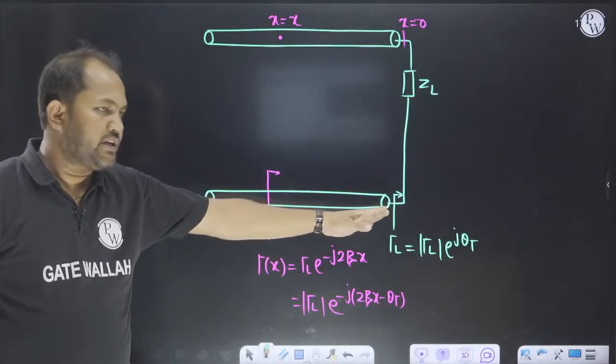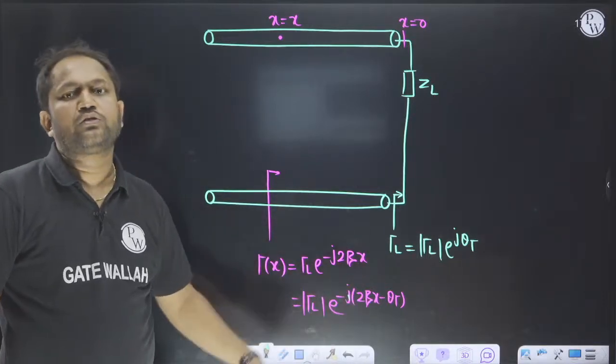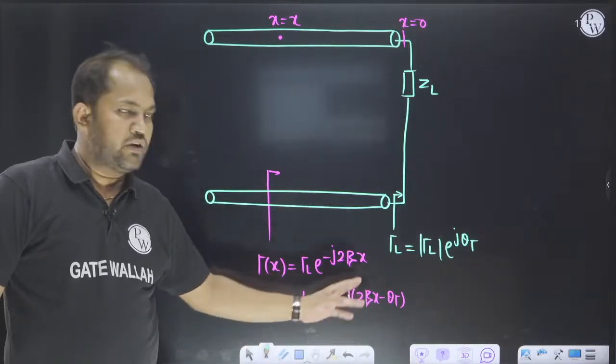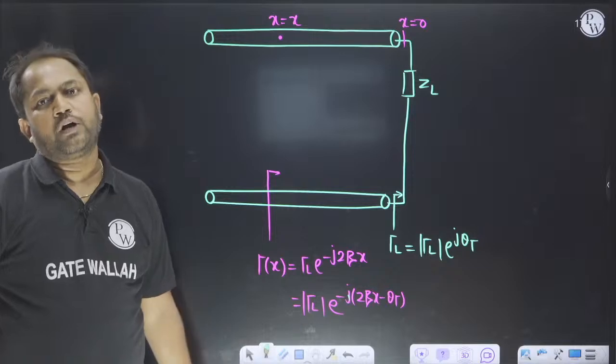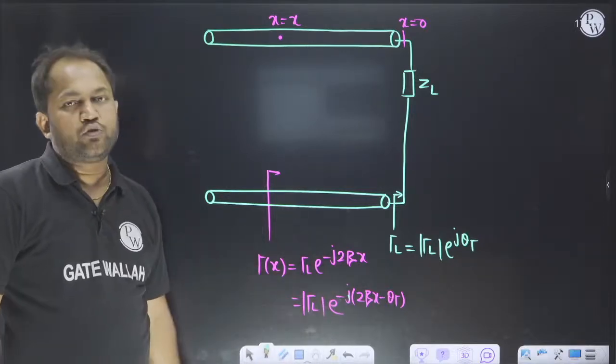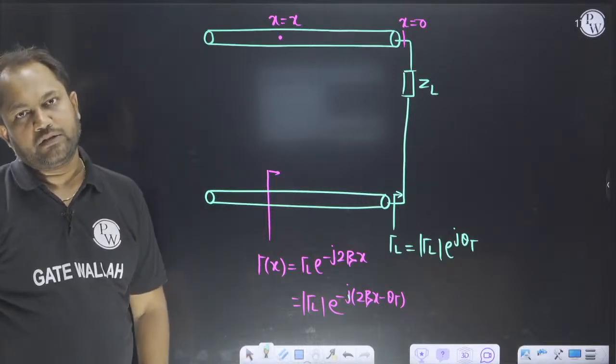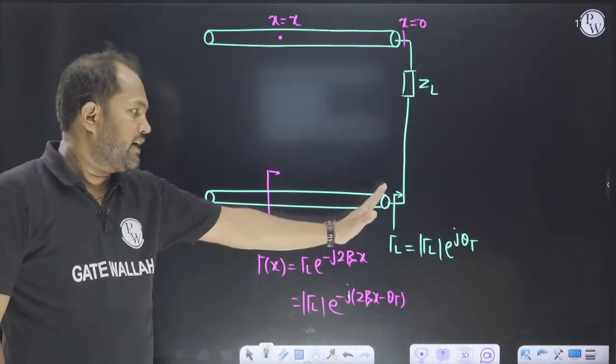So as x increases, 2 beta x changes, and e to the power minus j 2 beta x also changes. So it will give plus 1 and minus 1.